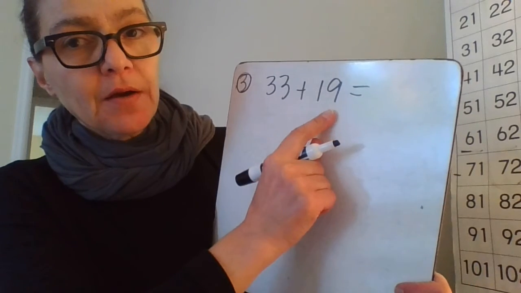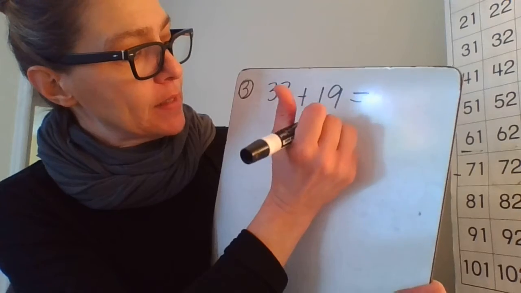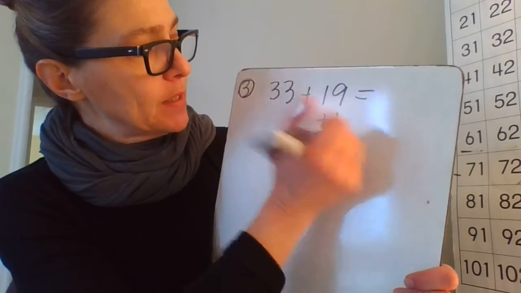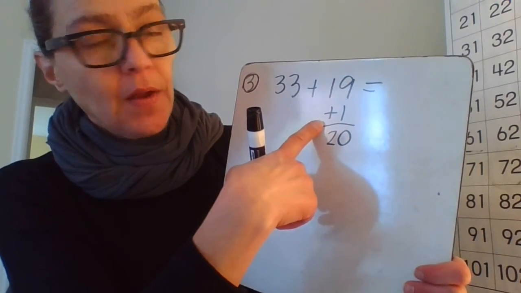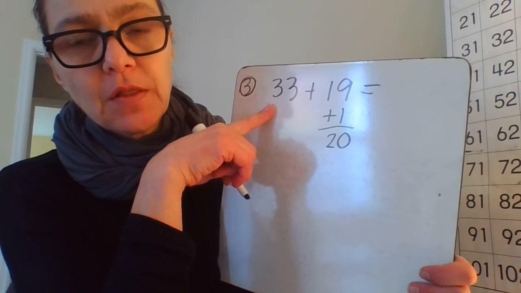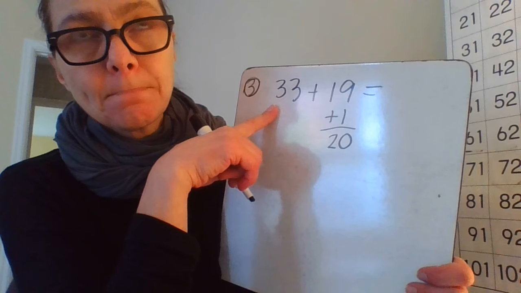9 is very close to the next 10. So I'm going to make it a 10, the next 10, and I'm going to add it and make it 20. So if I take a 1 over there and plus it, what do I have to do to the 33? Think.